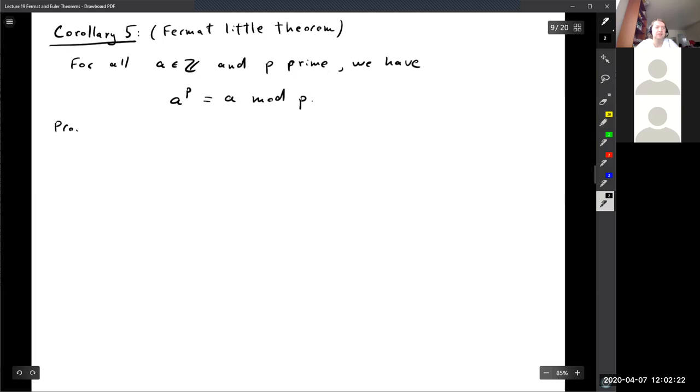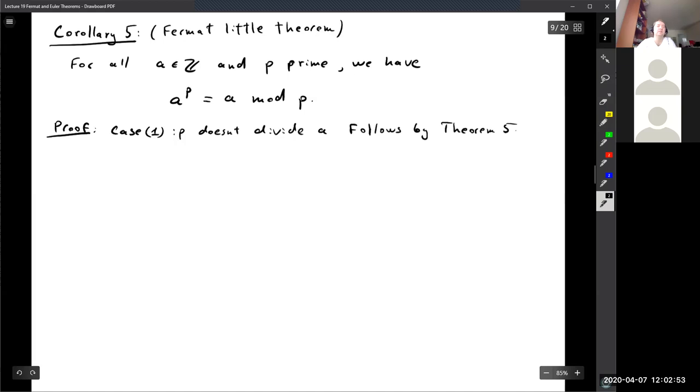Well, the proof is essentially two cases. Case 1, P doesn't divide A. This follows by theorem 5.